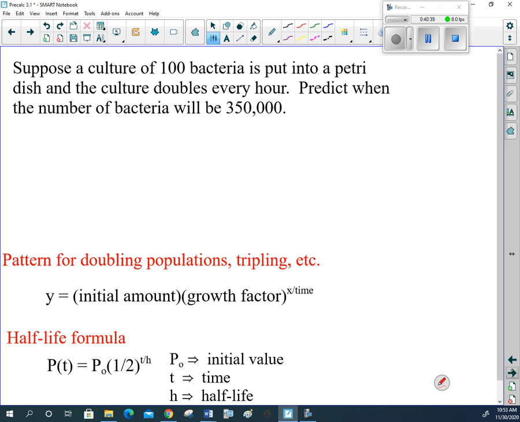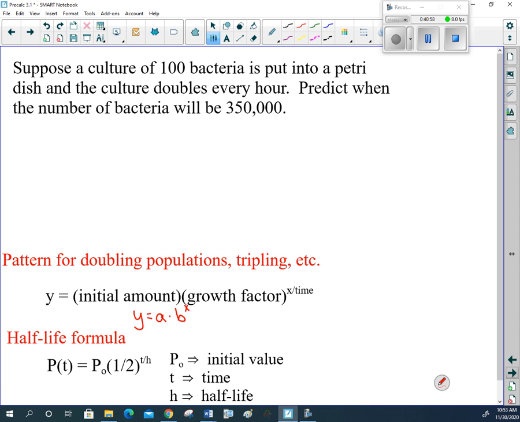Okay, here's another application for exponentials. Down below, I've got some formulas here. It's all the same formula, they just change it a little bit. So this is still our exponential, y equals a times b to this power right here.